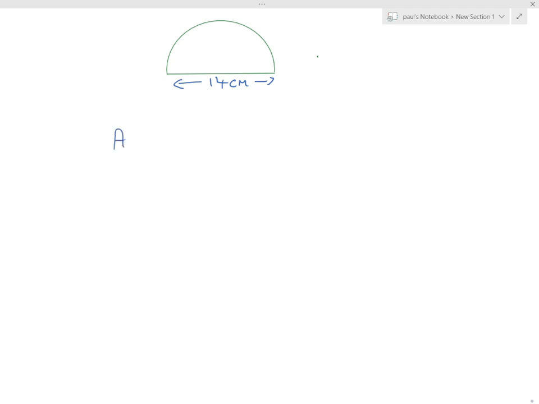Now, we're still going to use pi r squared. But this time, because we only want a half a circle, let's divide the whole thing by 2. Okay, so the 14 is the diameter, so this is going to be pi times 7 squared divided by 2, which is pi times 49 divided by 2.